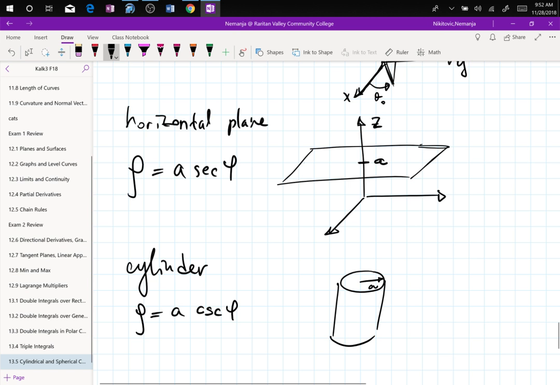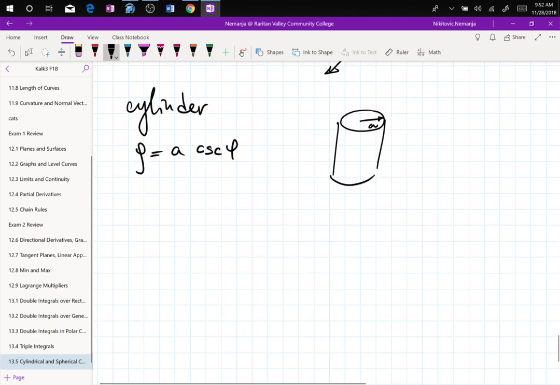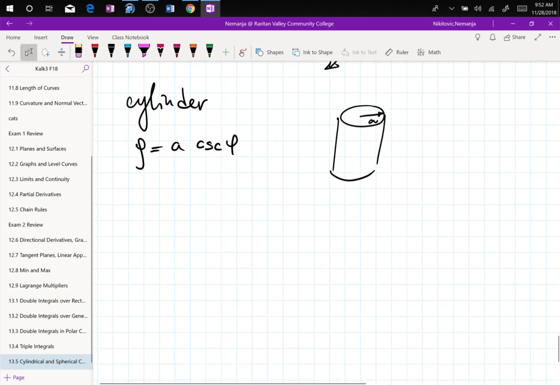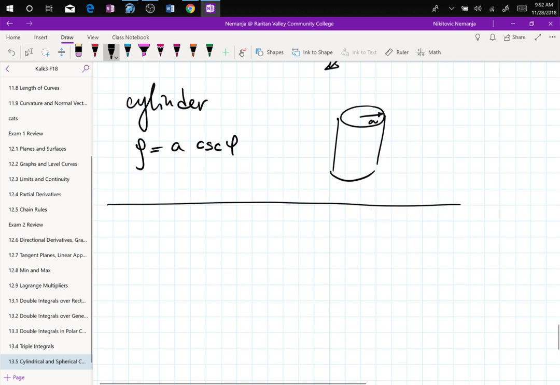Now we need to talk integration, and this is where the fun begins. We're going to do the volume of the sphere first. So, which way do these coordinates work?